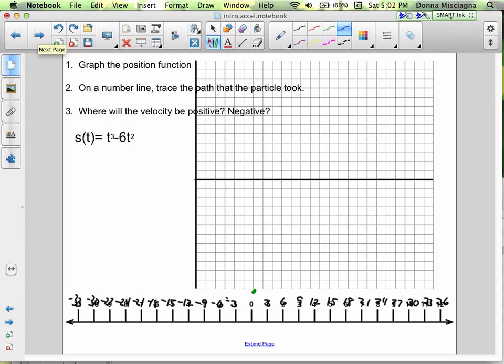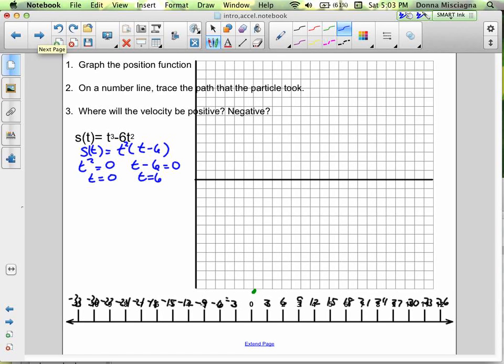All right, so we can factor out a t, actually a t squared, and then we'll have t minus 6. All right, so we have 2 intercepts where t squared equals 0, so t equals 0, and where t minus 6 equals 0, so t equals 6.